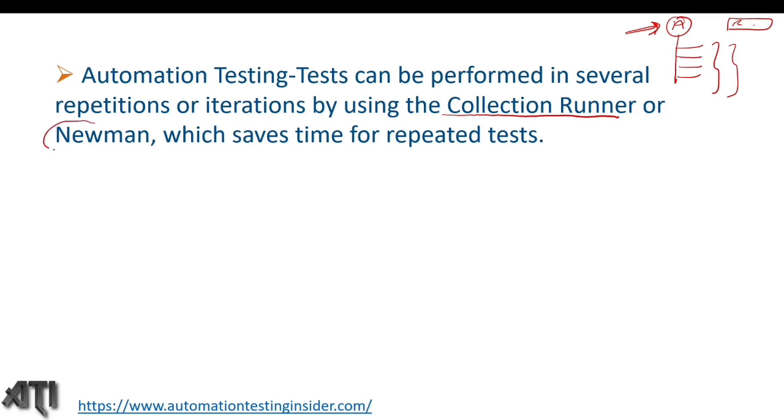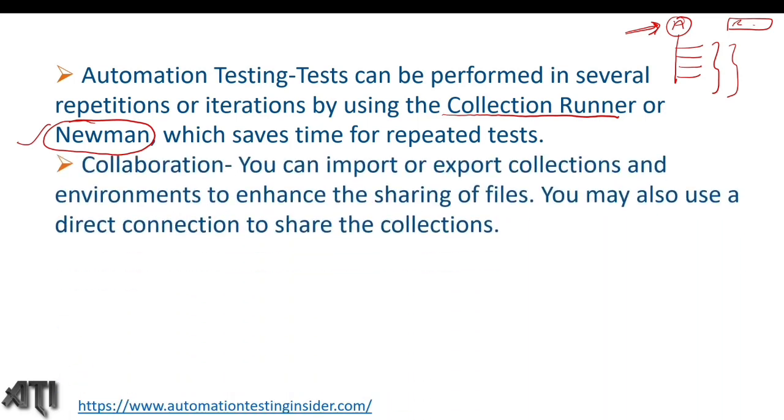Or Newman. There is another option, Newman. This is a separate tool which we have to install and configure with Postman. Using Newman, we can run our collection in the command prompt, which saves time for repeated tests in automation testing, right? That is nothing but repetitive testing. We can use this collection runner and do some sort of automation testing.